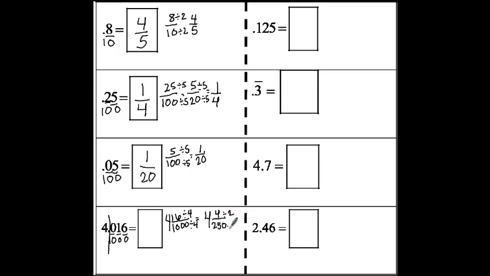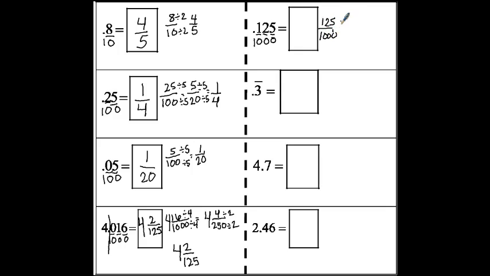I see that I could divide by 2 again, so I need to keep simplifying. 4 divided by 2 is 2, and 250 divided by 2 is 125. I can't simplify that any further, so my final mixed number answer is 4 and 2/125.